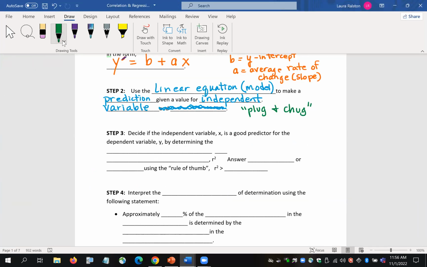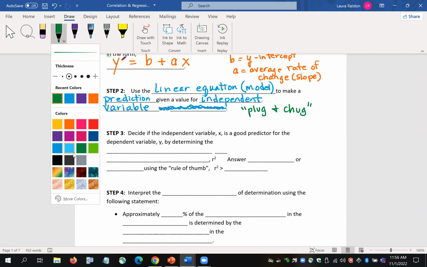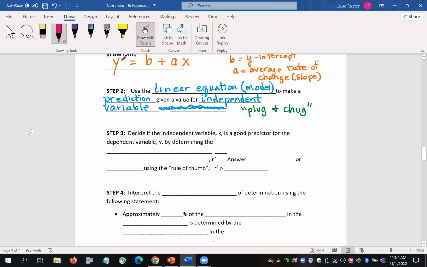One of the other things that we look at once we've created this model is we want to decide, and I suppose really we should decide this earlier on, is it even appropriate? Should we even use the X value to predict the Y?